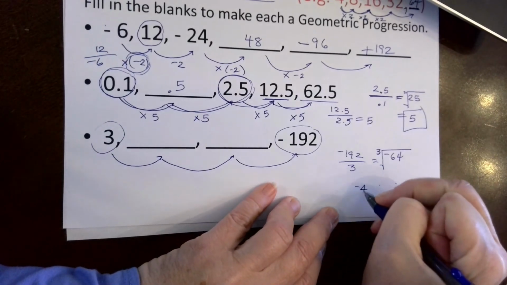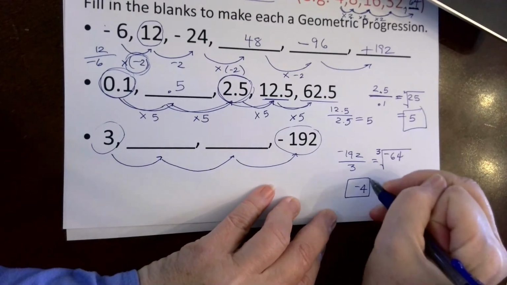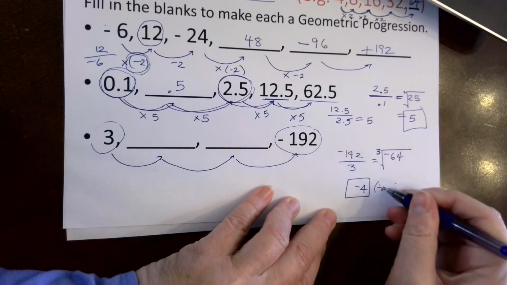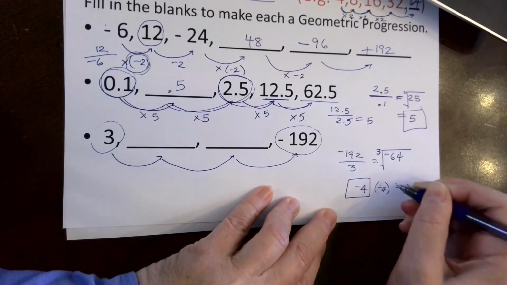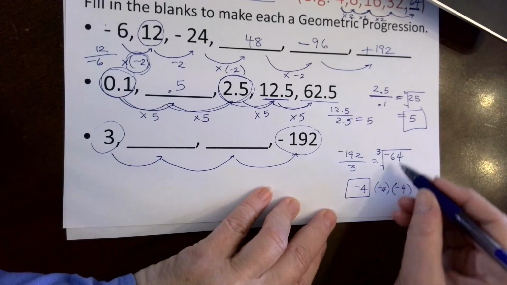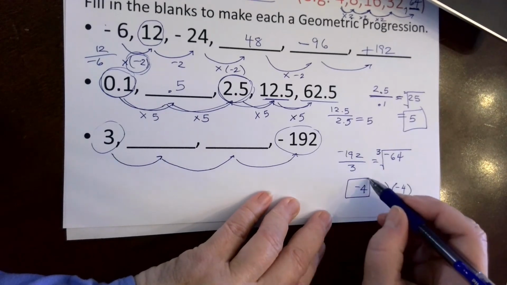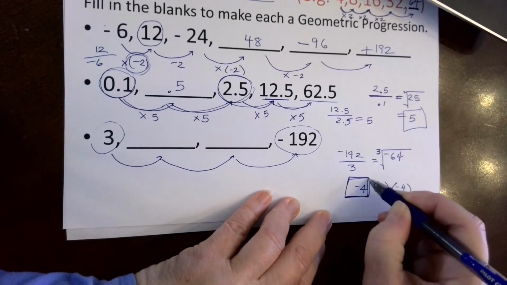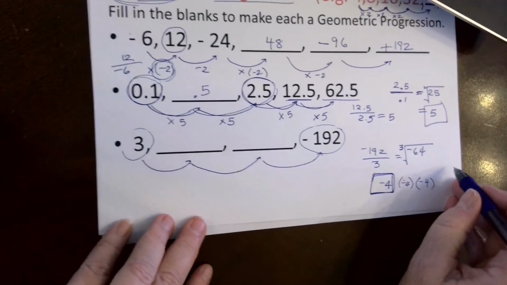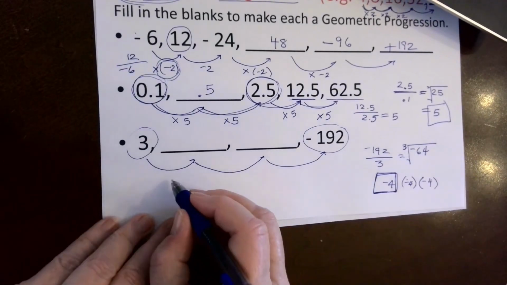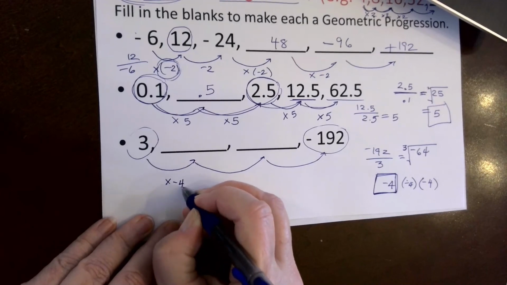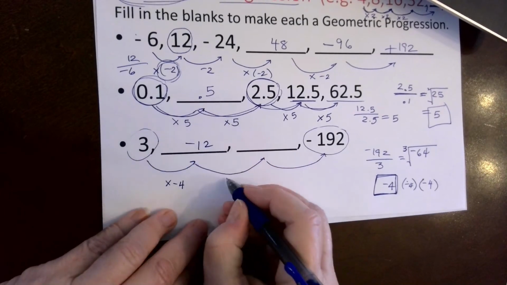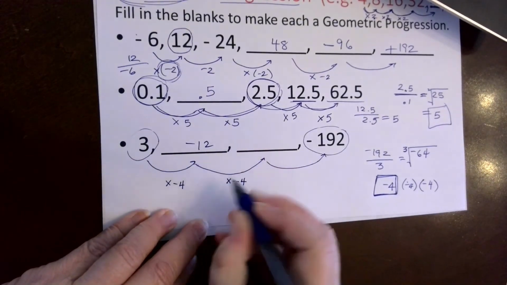The answer is negative 4 times negative 4 times negative 4 gives me negative 64. Negative 4 is the cube root of negative 64. So I'm going to multiply by negative 4. The next one I'm going to multiply by negative 4.